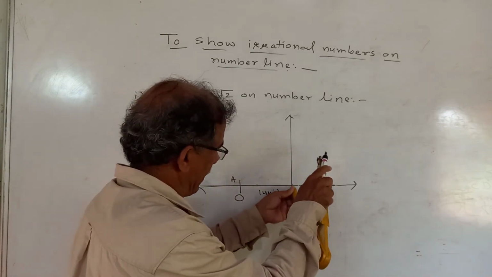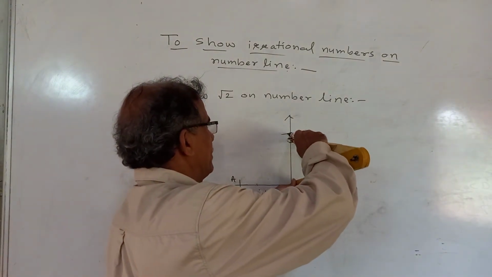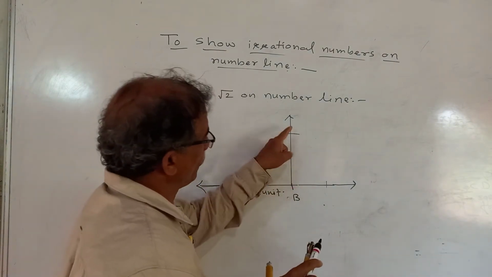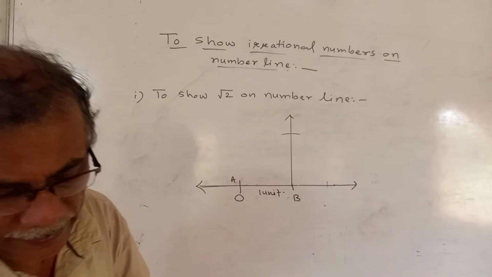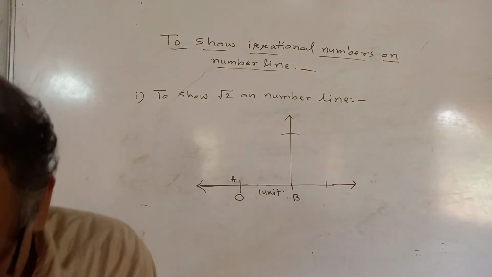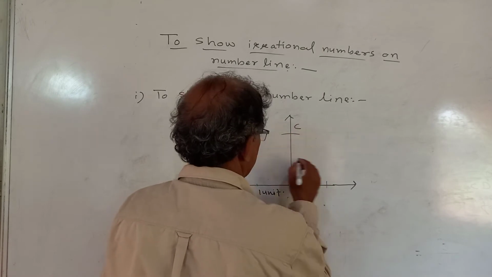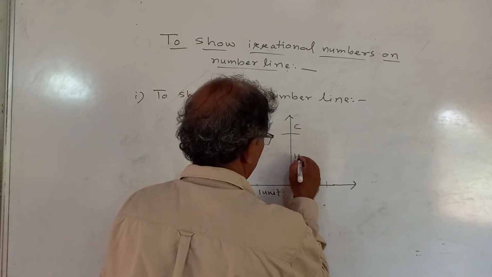Means what? Keep it at B and mark here, the same distance. So from here to here it is 1 unit. From here to here, it is also how much? It is also 1 unit. So say this is AB, and suppose this is point C, this is also 1 unit.